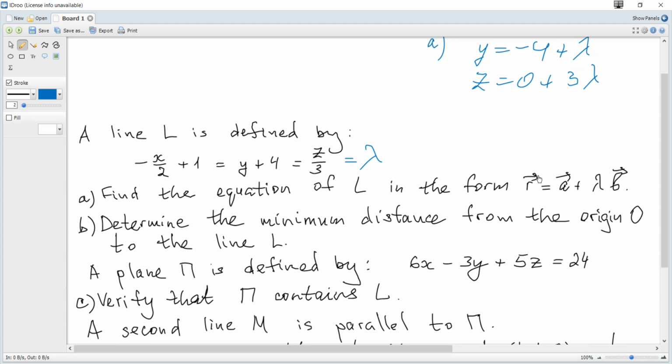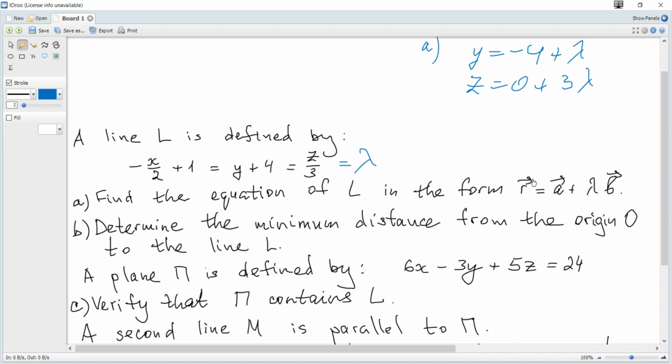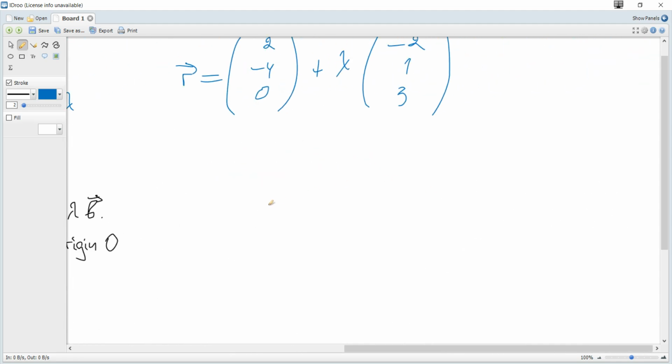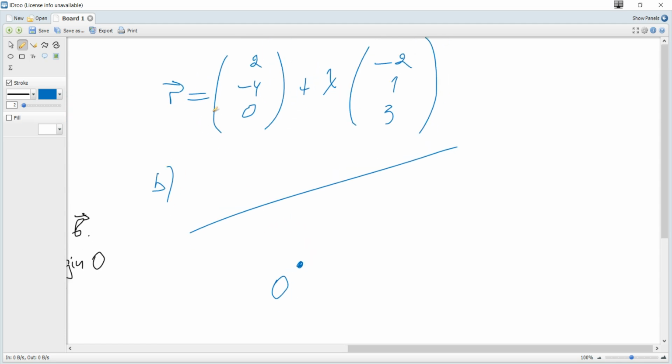Determine the minimum distance from the origin to the line L. The minimum distance is the shortest distance, and the shortest distance is the perpendicular distance. And this vector R is a position vector to any point on the line.